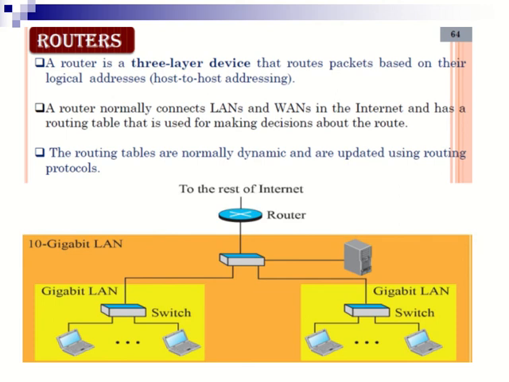As a link layer device, it checks the physical address contained in the packet. As a network layer device, it checks the network layer address. Usually, a router connects LANs with WANs in an internet and has a routing table that is used for making decisions about the routes. Based on this routing table, it decides in which path the packet has to be forwarded.